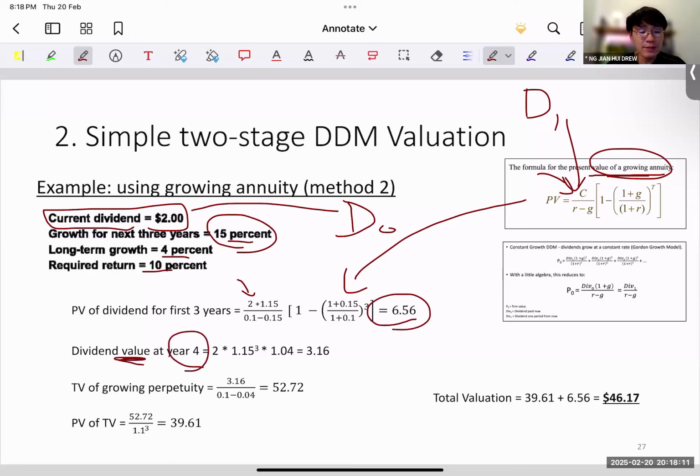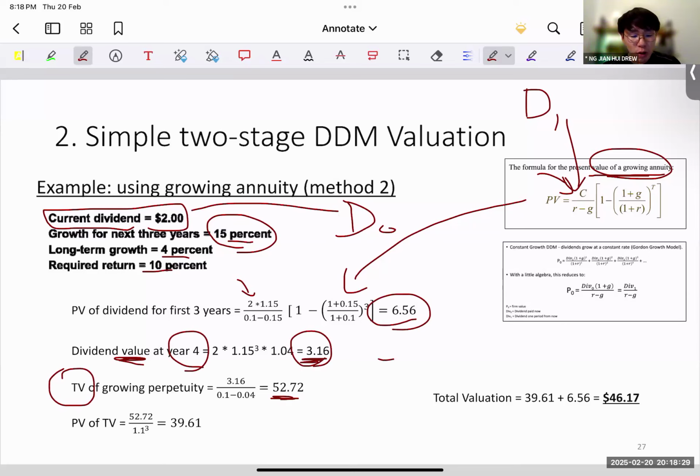And once we know the value of dividends in year 4, we can use this value to determine the terminal value in year 4. And after that, this is the terminal value, then we discount it 3 times.